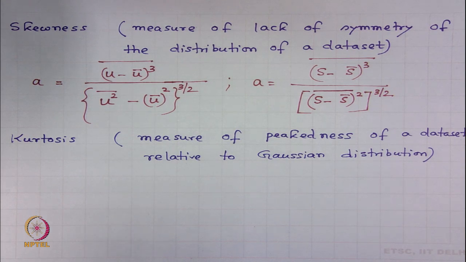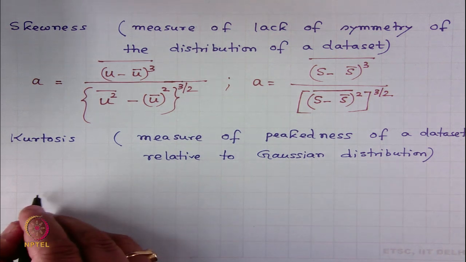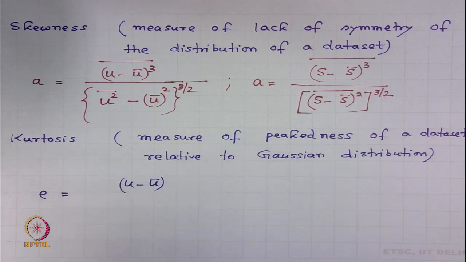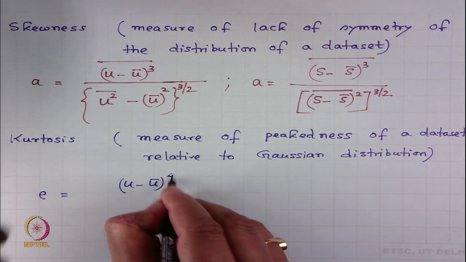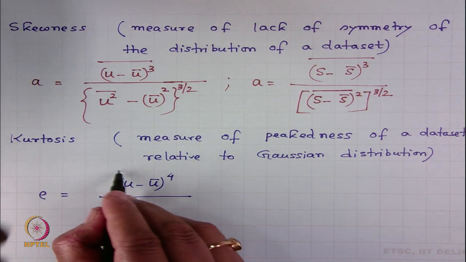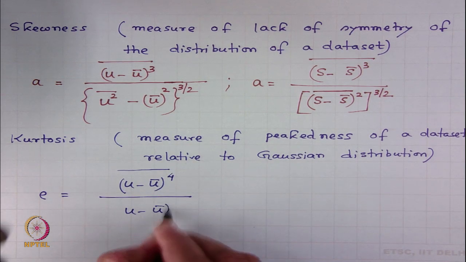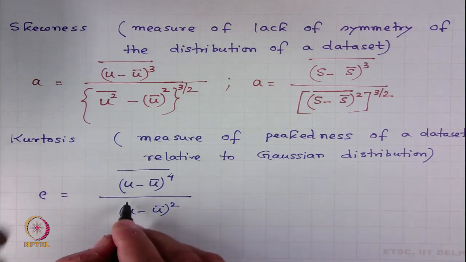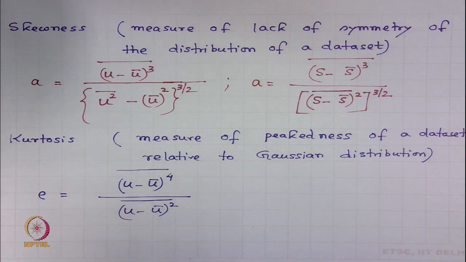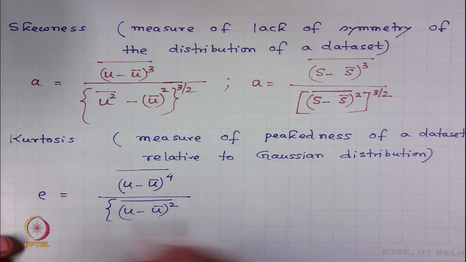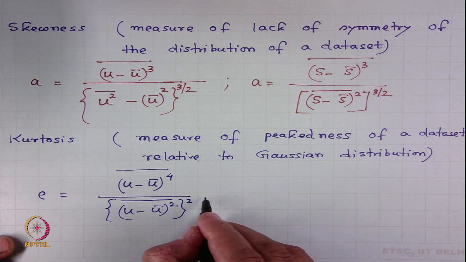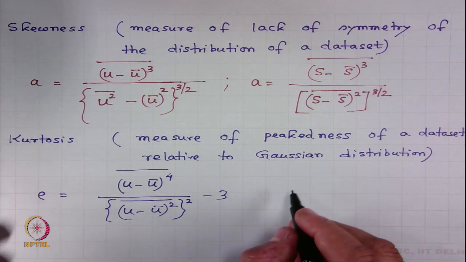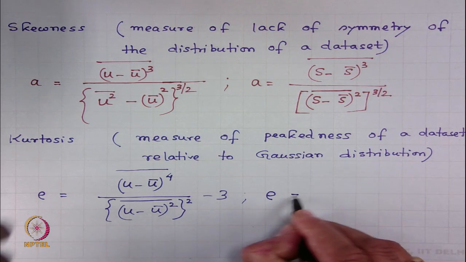So, also you can find out kurtosis for u, kurtosis for S. Kurtosis for u: u bar to the power 4 divided by u minus u square, to the power square, minus 3, is the expression for kurtosis for u, and also similarly we can find out kurtosis for s.